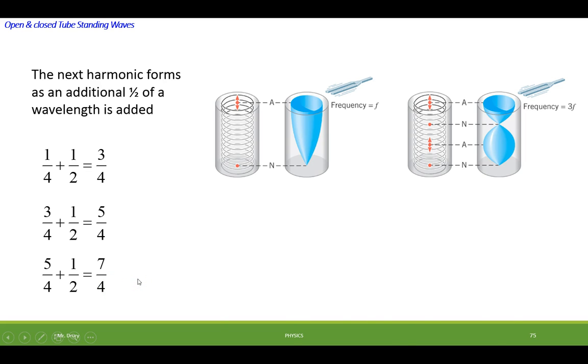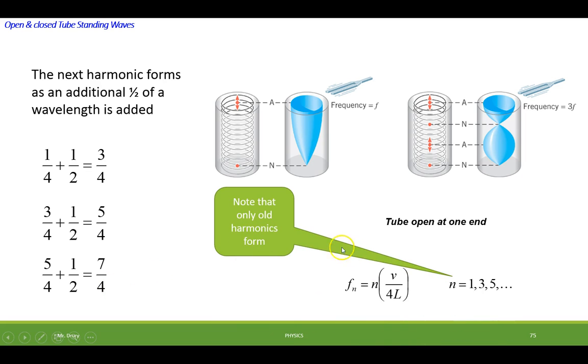So there's a pattern developing here as well, that f sub n is equal to nv over 4L, but now the n's are only the first, the third, the fifth, and the seventh. So only odd harmonics form with closed tubes. We'll be doing different problems like that. You should really understand the conditions at the end of the tubes and how to draw the shapes and what they look like. We'll do problems like that in class as well.